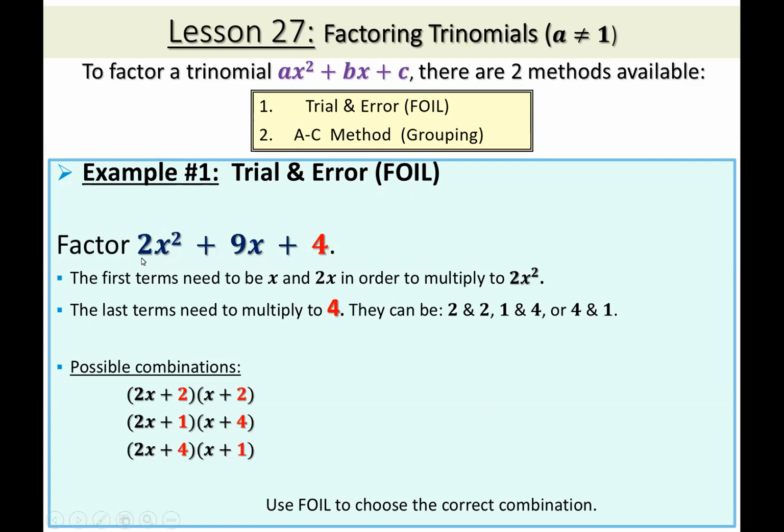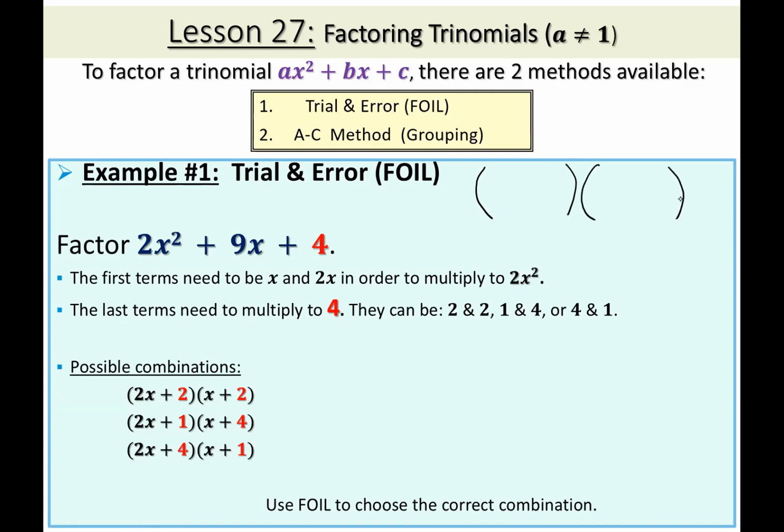Now this 2, that changes everything, okay? So instead of almost ignoring that first term like we were doing before, now we do need to pay attention to it. So here's how we're going to start. We know that when we factor a trinomial, the answer will still have 2 binomials.